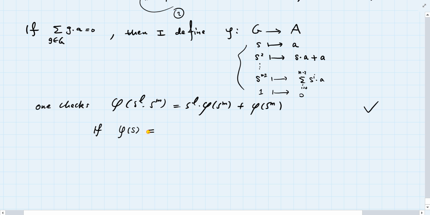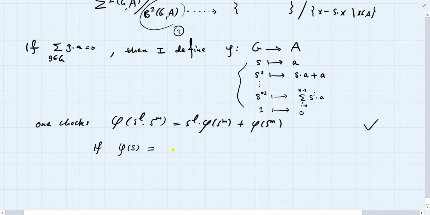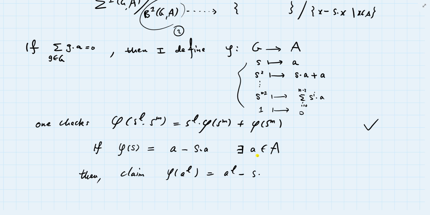It is if phi S equals, then let's see, claim for any element there exists some element making this.